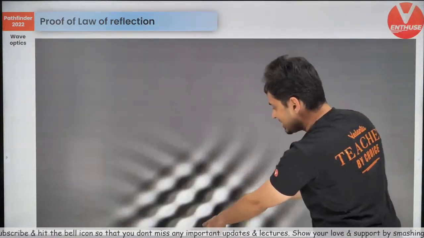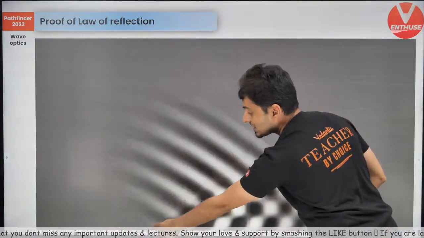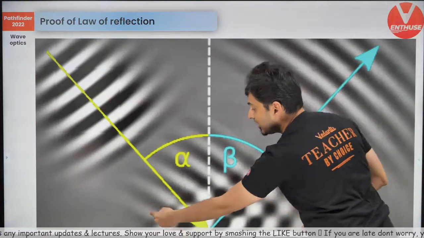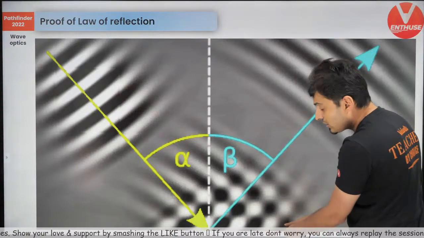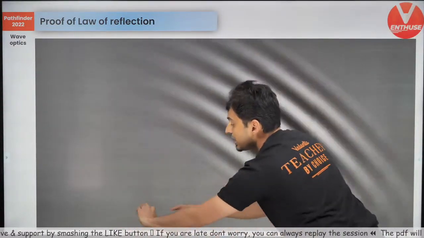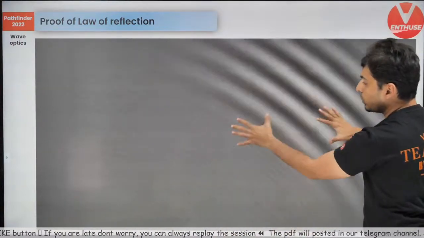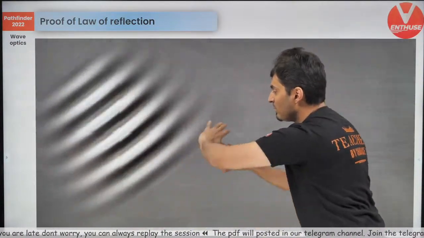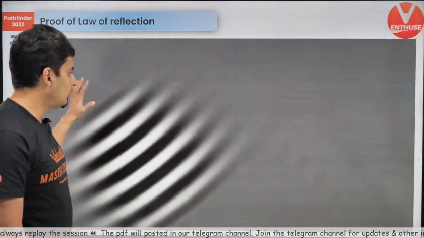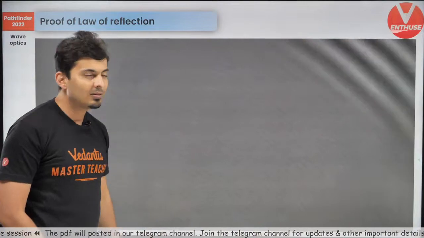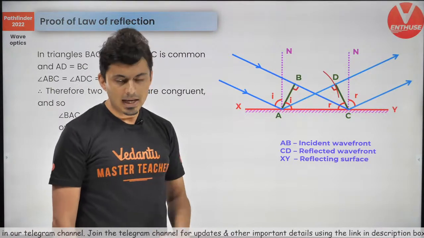As soon as the wavefronts reach here, you will see secondary sources being formed, and because the wavefronts reached here first and then reach here, this will be the secondary source first. This wave will reach later, so this will be the source later on. So this will start making new wavefronts later on, and that's why you will see the wavefronts go towards this side. Is that making sense to all of you? And finally, this angle and that angle will be equal, which can be shown very easily using geometry. Okay, clear?